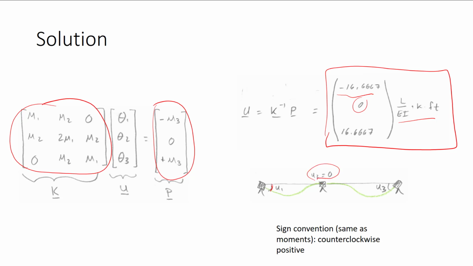That makes sense because the original problem was symmetric. The value for U3 is positive, same magnitude as U1, so positive means counterclockwise, so the rotation U3 is counterclockwise. So what the solution tells us at this point is what all of our nodal rotations are.